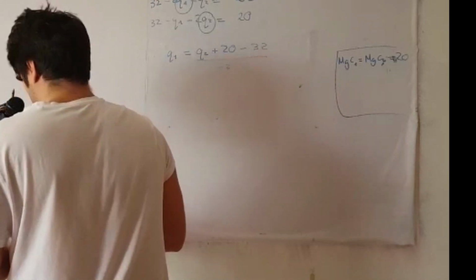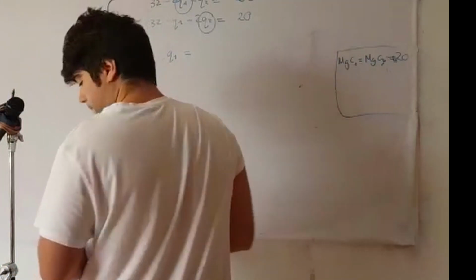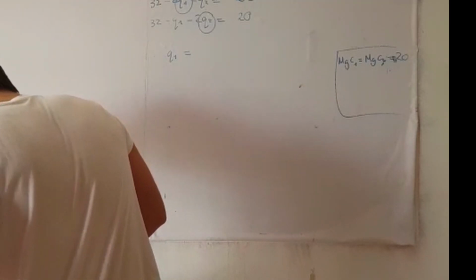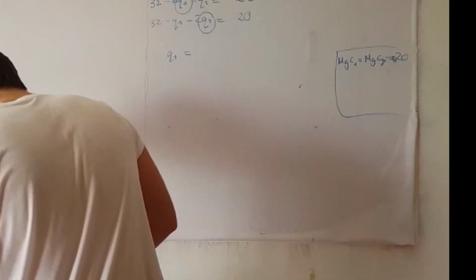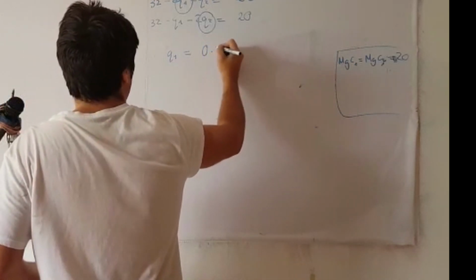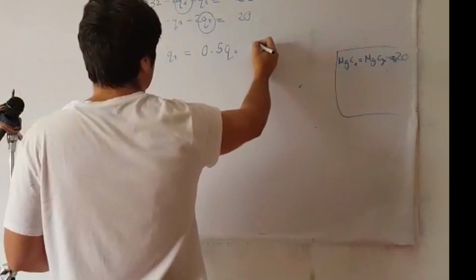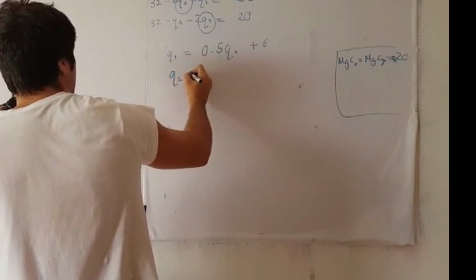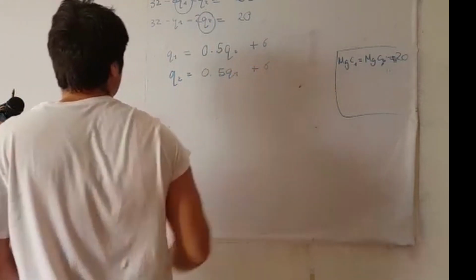And if we sort that out, it gives us 0.5 Q2 plus 6. And if we sort this out, it's also going to give us Q2 plus 6.